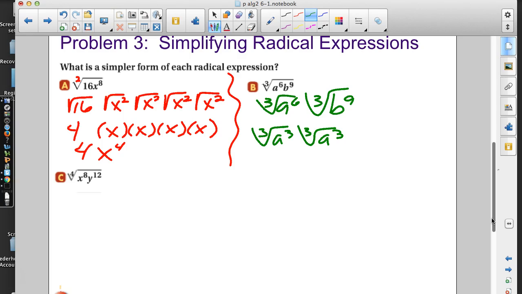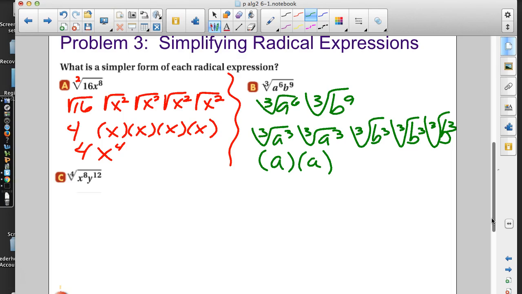Got it. B to the 9th, I'm going to need cube root of b to the 3rd, cube root of b to the 3rd, cube root of b to the 3rd, 3, 3, 3, 9 of them. All right. Well, this is a, this is a, this is b, this is b, and this is b. A squared, b to the 3rd.